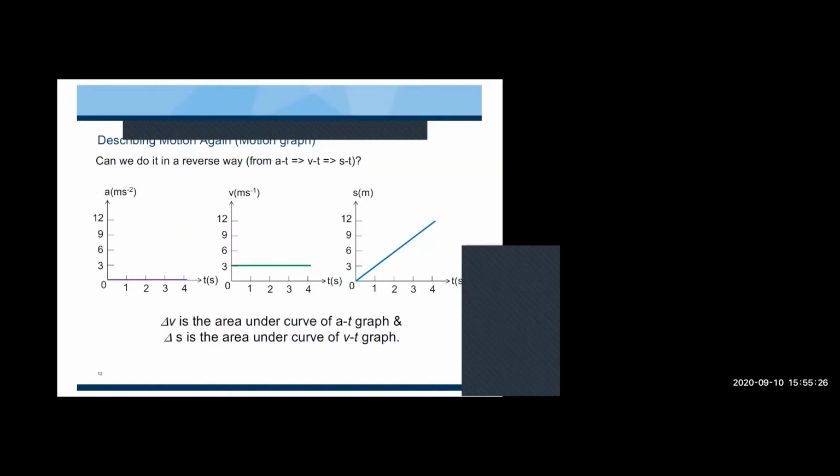Now, as I mentioned, once we have got the equations, once we have got the parameters of the displacement, velocity, and acceleration, the next thing we would like to do is to describe the behavior of the objects, especially in the case when they are under constant or uniform acceleration.